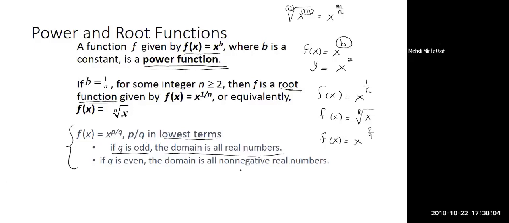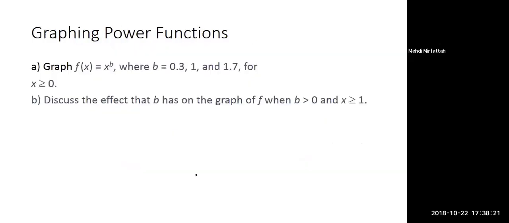We're going to look at some examples of that. Just for right now, we're going to write these facts. If q is even, the domain is all non-negative real numbers. It has to be positive numbers. We're going to look at some examples and graphs of these.